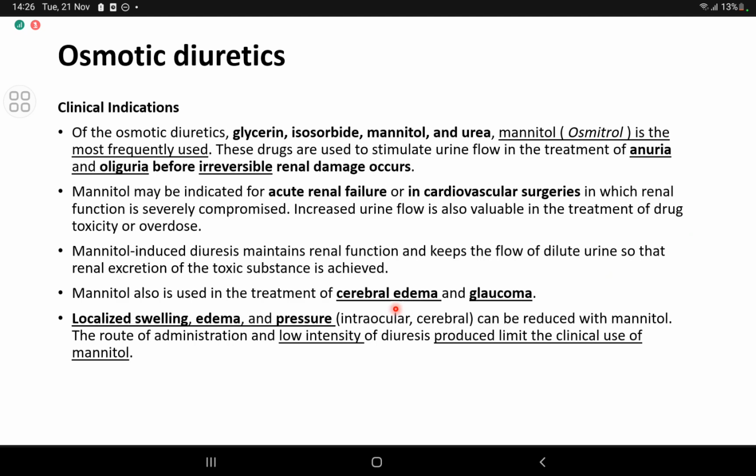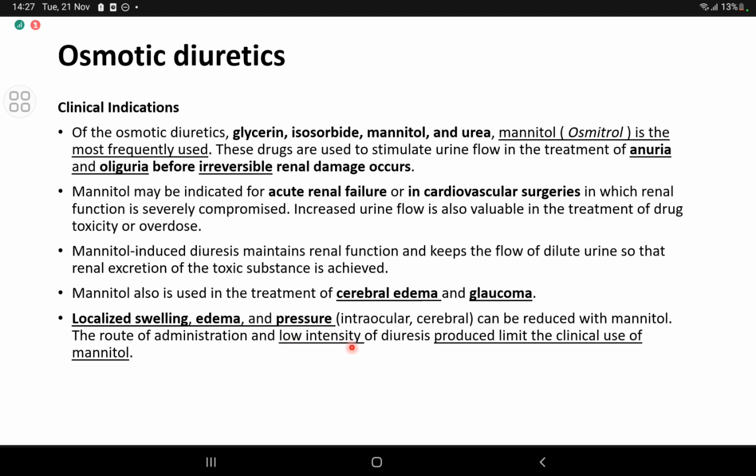Another thing: in what conditions can we use this osmotic diuretic? Cerebral edema and glaucoma. We can use mannitol to treat these. But mannitol is not a perfect agent, because this osmotic diuretic group is low intensity, as we discussed the definition of intensity just now.